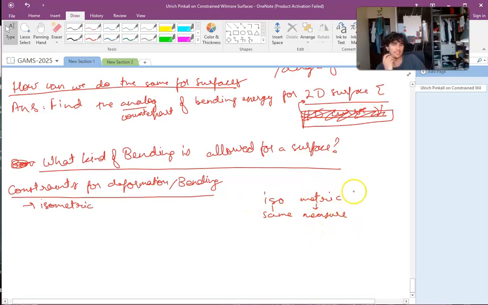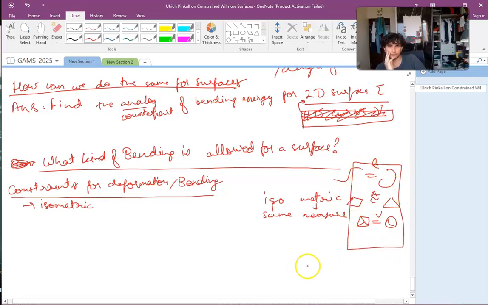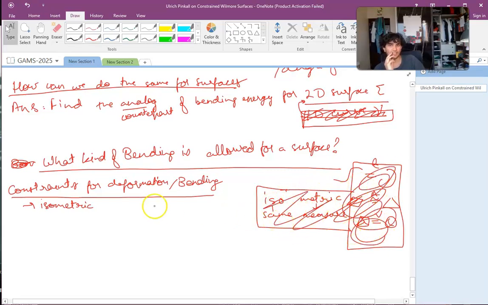So it means that it has the same measure. If I say two curves are isometric to each other, it means they have the same length. If I say two polygons are isometric to each other, I say they have the same area, and so on. For cubes and spheres, I will say volume, and so on. So this is all isometry. It's just a commentary. Okay, so that's what isometric means.